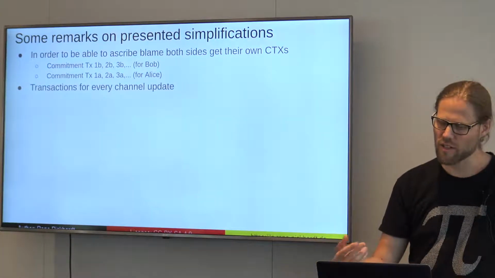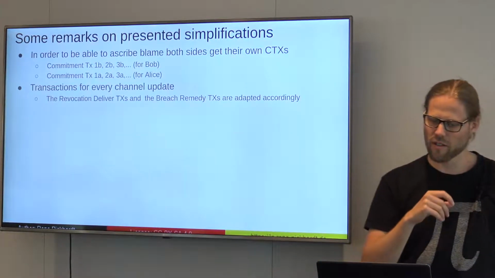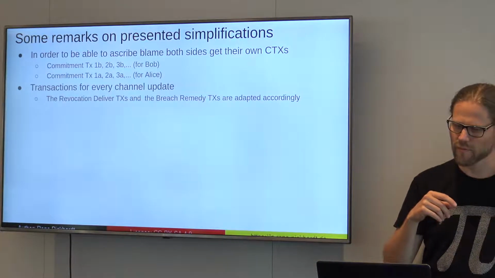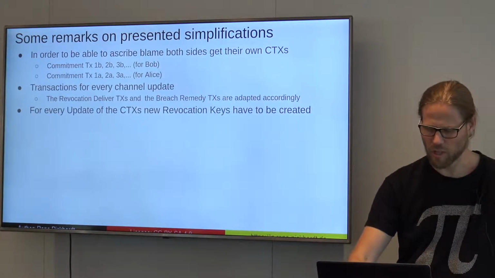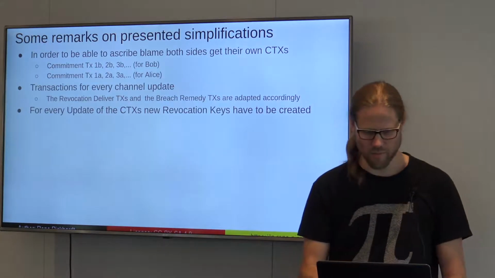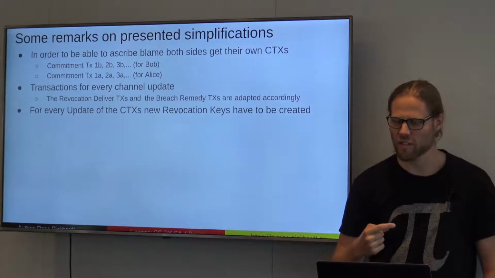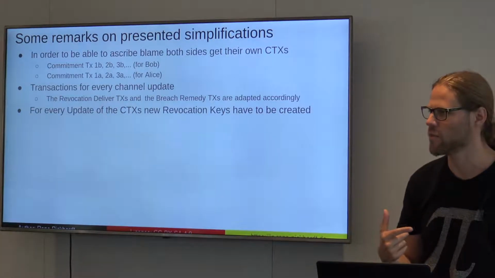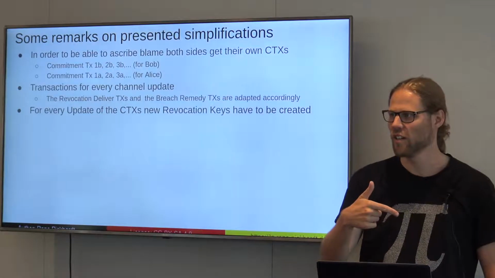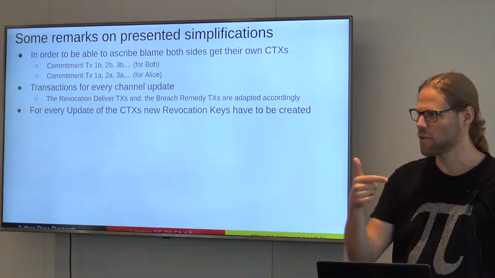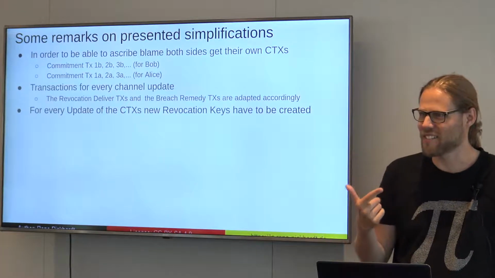So then there's transactions for every channel update. For every update of commitment transactions, new revocation keys have to be created, right? They don't use the same revocation key over and over again, right? Because then after sharing the revocation key for the first time, obviously this would be a bad situation, right?